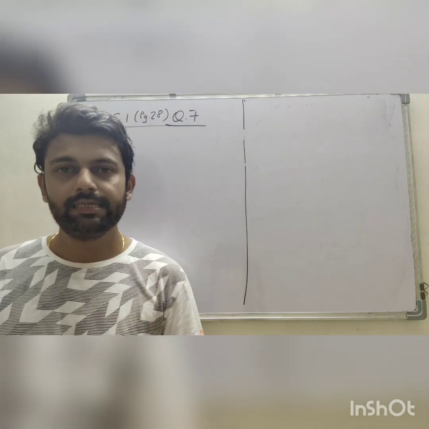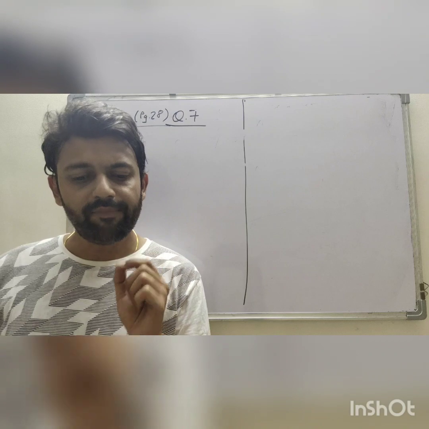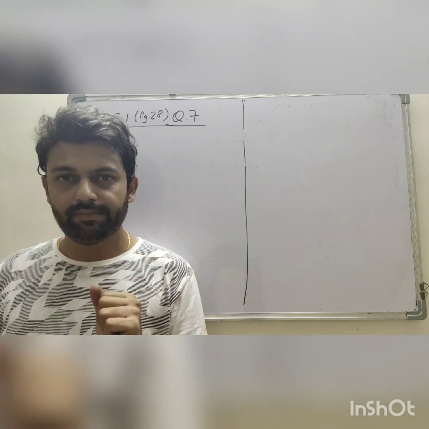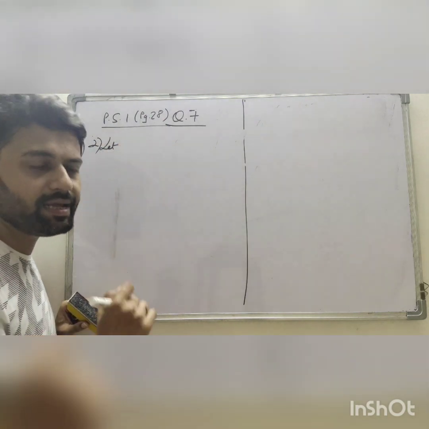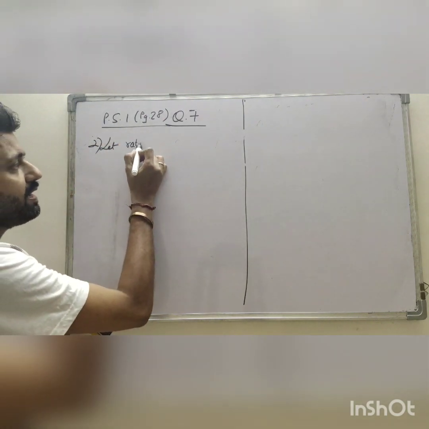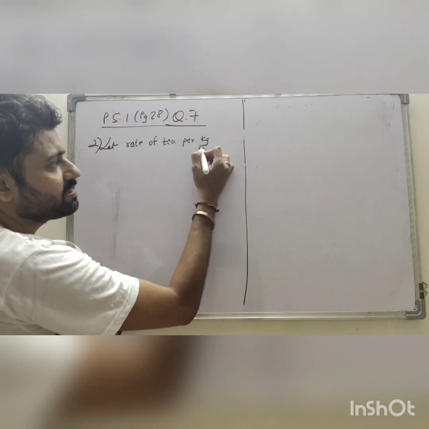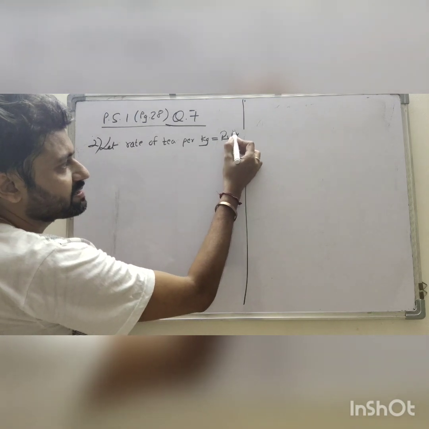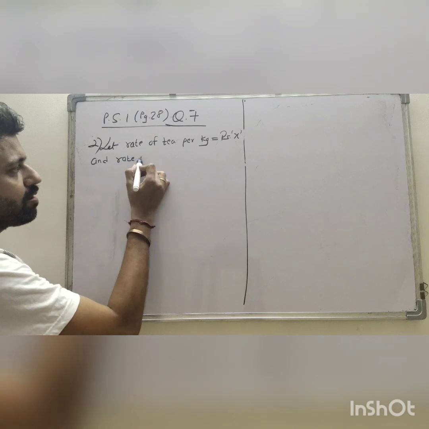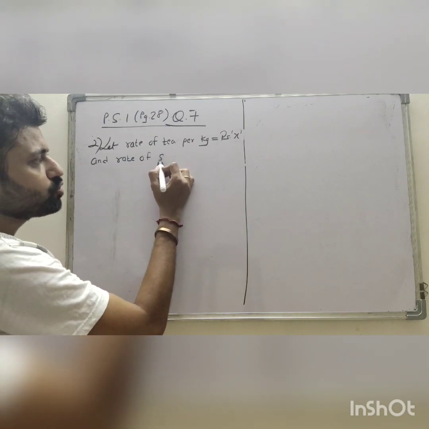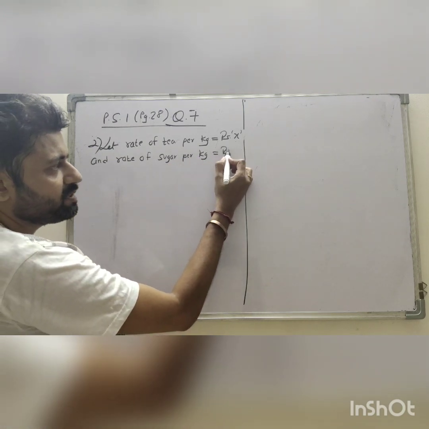Sugar, tea. In the conditions, they have always mentioned tea first, sugar later. So, in my assumption, I am taking tea first. Let the rate of tea per kg be rupees x and the rate of sugar per kg be rupees y.